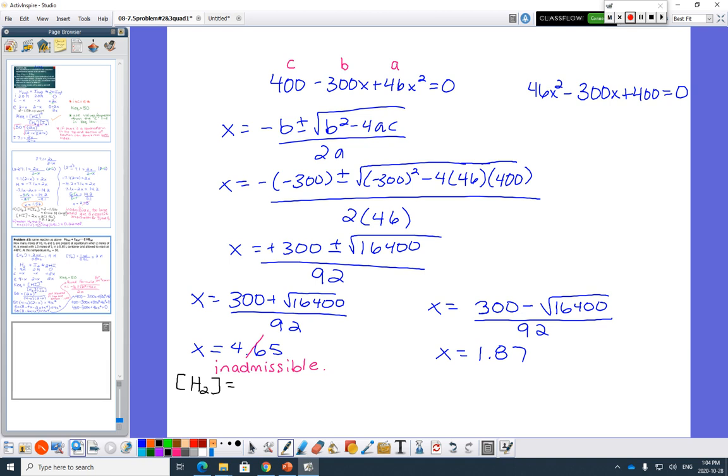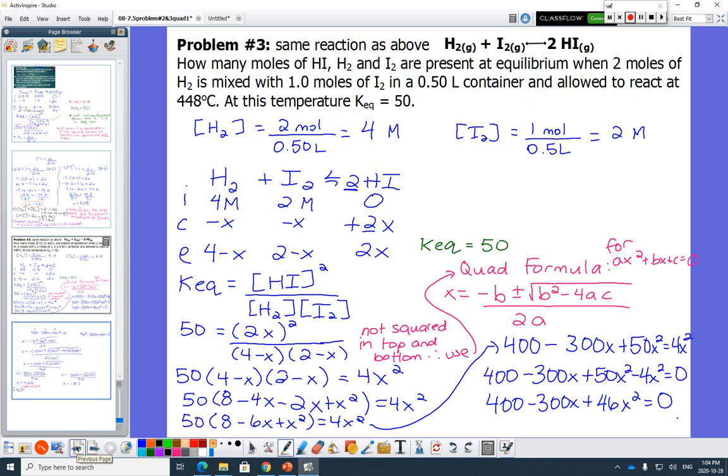So again, it's up to you. I don't think I have room. Yeah, I don't have room under my ice table, so I'm going to write it at the end. So I'm just going to go in order. H2, I2, HI.